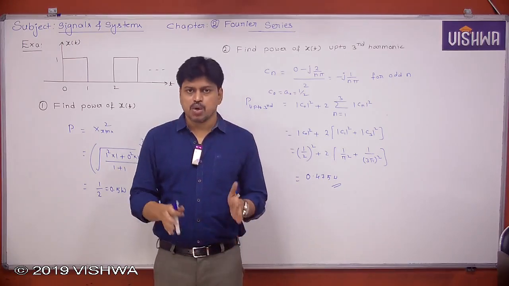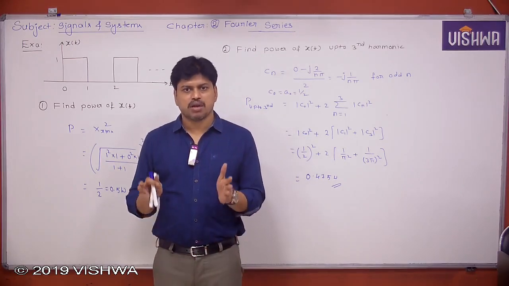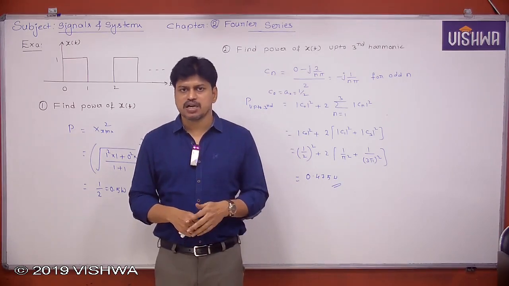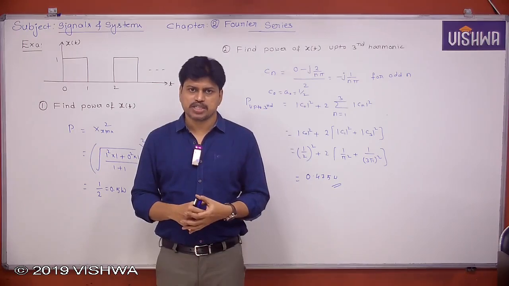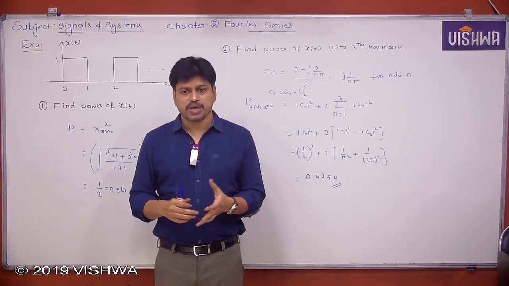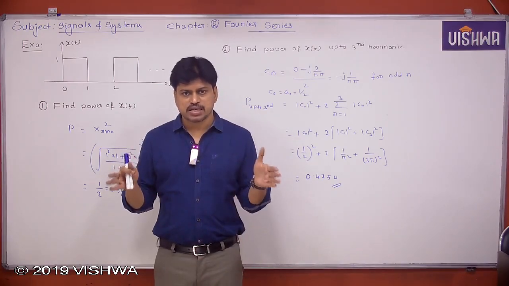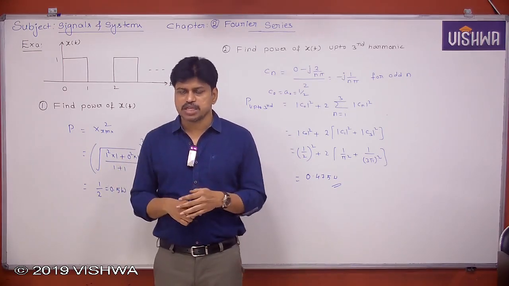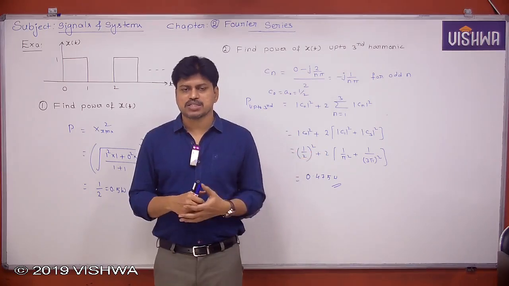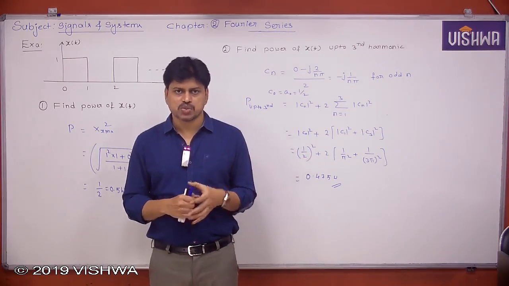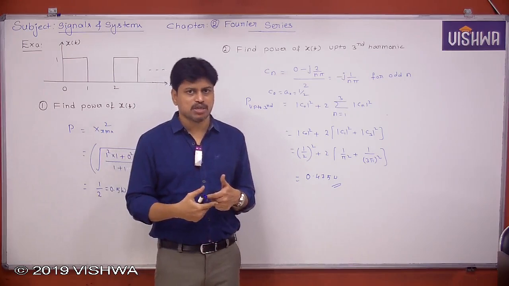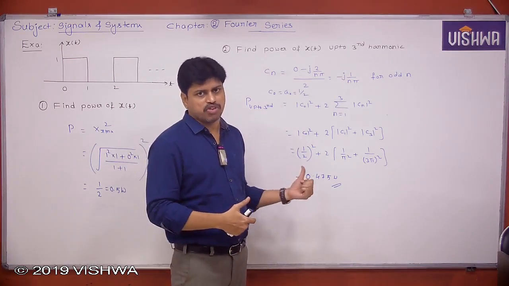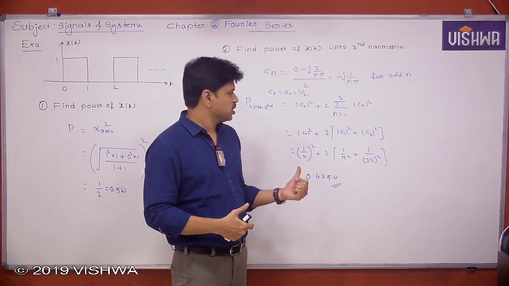That means lower frequency components carry large power compared to the high frequency components. In this regard, we can neglect high frequency components. That's why sometimes we have the Fourier series only for certain sine terms or cosine terms, because after that the power is negligible. I hope you understood. High frequency components are negligible because the power carried by them is very small compared to the low frequency components. Clear? Take it.